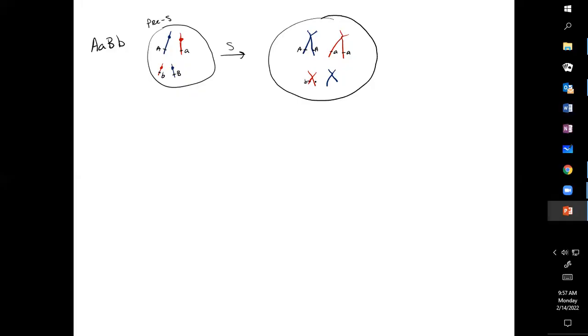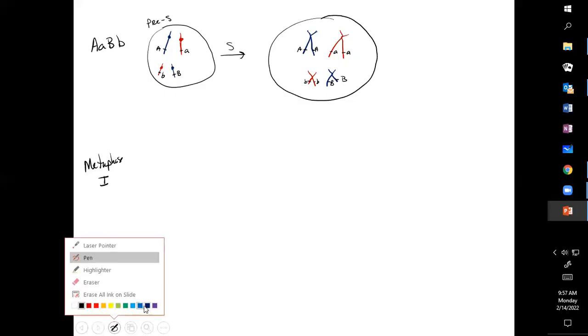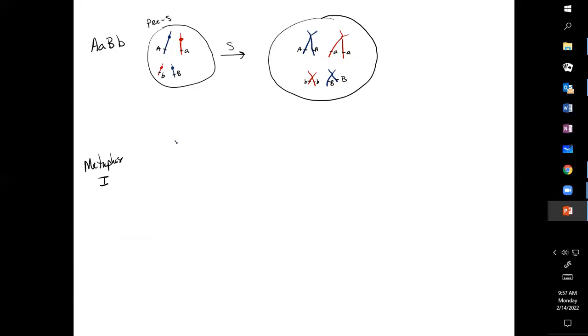This one had the little b, and this one had the little b, this one had big B, this one had big B. Now let's make them synapse, and let's zoom forward to metaphase 1. So now I'm going to physically associate my homologs, and I'm going to line them up at the equator.